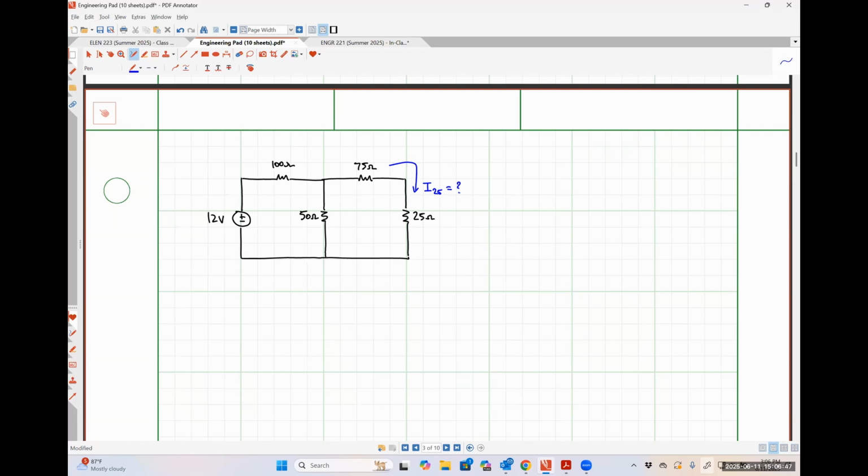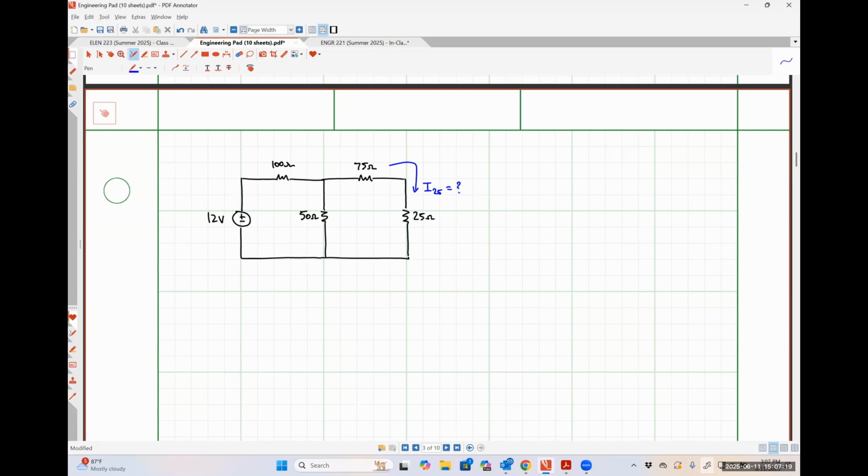In our last class meeting, we had single loop circuits where everything was connected in series, and they were pretty easy to analyze. And we had circuits where everything was connected in parallel, and they were also pretty easy to analyze. So ultimately, my goal is to try to make this circuit look like one of those two and then glean what information I can from that.